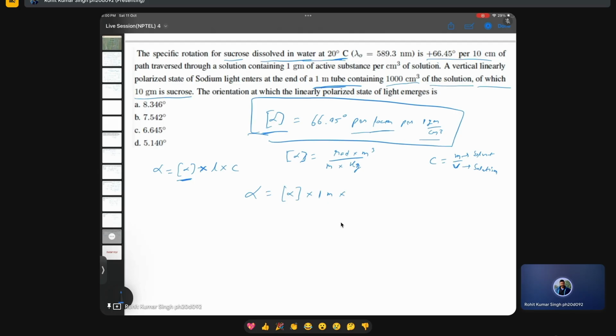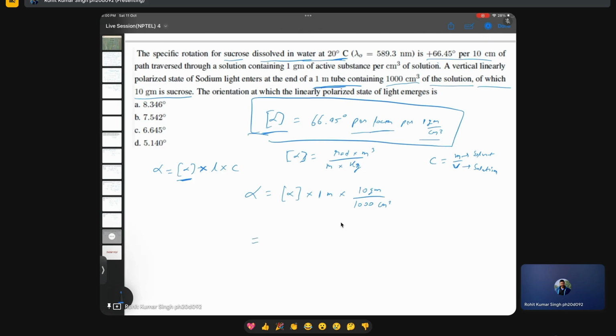So concentration is basically 10 gram divided by 1000 centimeter cube. Mass of the solute divided by the volume of the solution. So this is given.